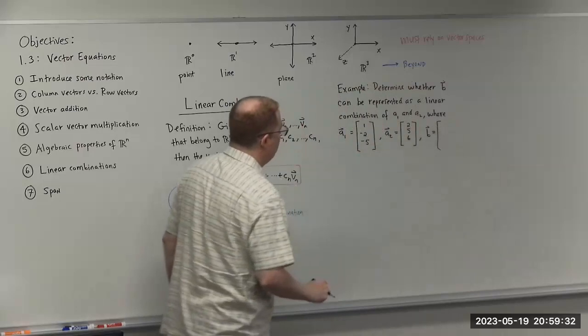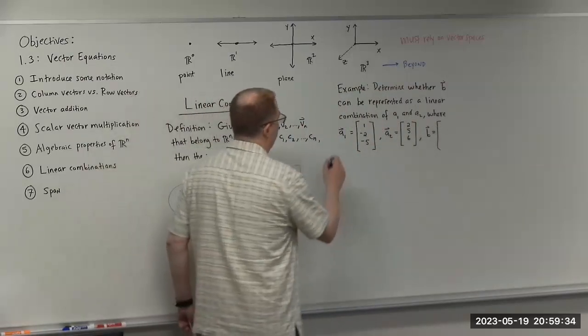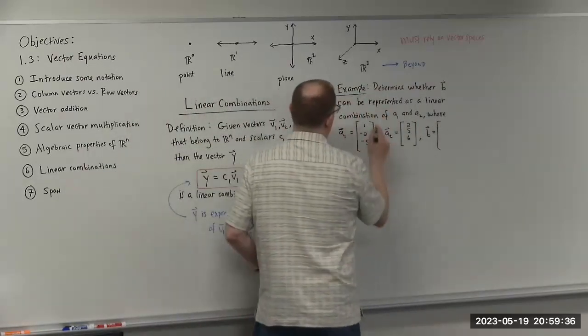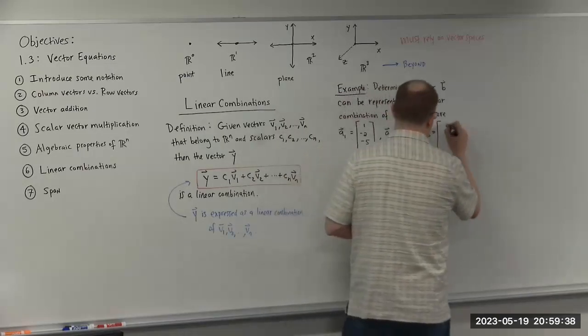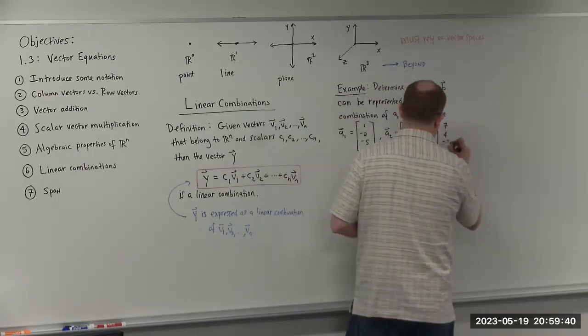And the vector B that we're referring to is given as 7, 4, and -3.